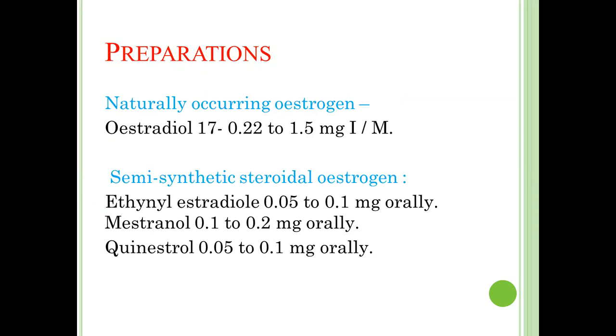Semi-synthetic steroidal estrogen preparations are available in tablet form, a solid dosage form, but by which route are they given? Orally. Which is the first preparation? Ethinyl estradiol 0.05 to 0.1.